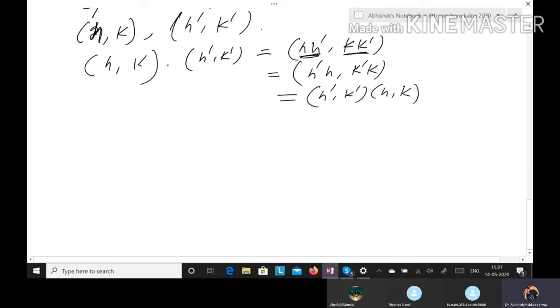So if we consider two finite cyclic groups, one of order m, another of order n, then what will be their external direct product? Will it be again a cyclic group of finite order or not?